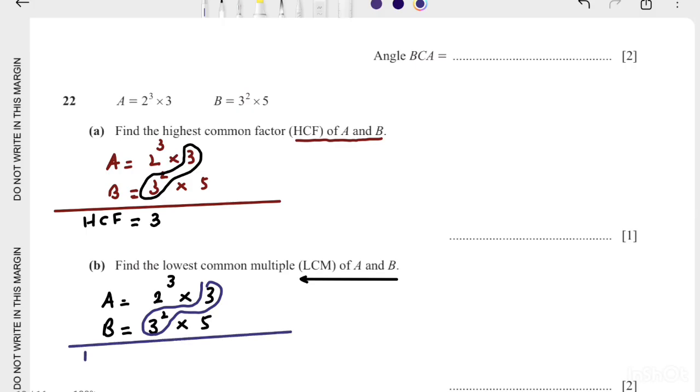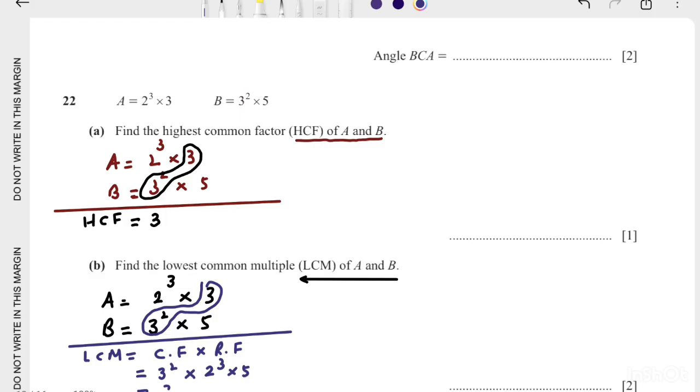For LCM, we take common factors multiplied by remaining factors, and we have to select a value with higher power, so it would be 3 square as a common factor, and remaining factors would be 2 to the power 3 and 5, and we'll simplify it further.